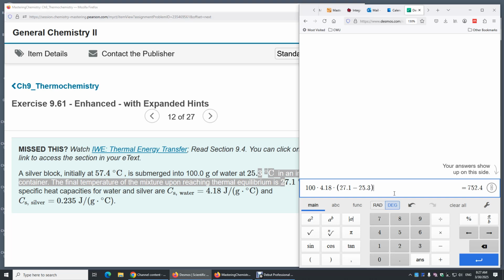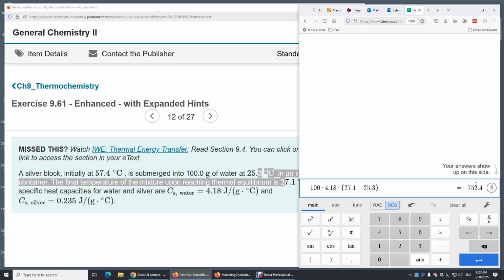This happens to be the amount of the heat released from silver, right? So what we're gonna do is just put a negative sign here, and we get a negative value here because this silver block loses heat, loses energy. And this is Q for silver.